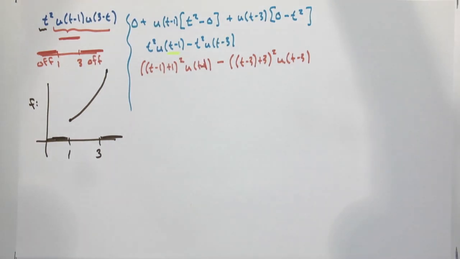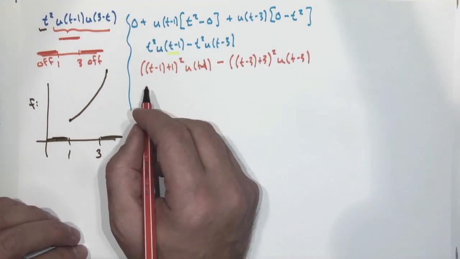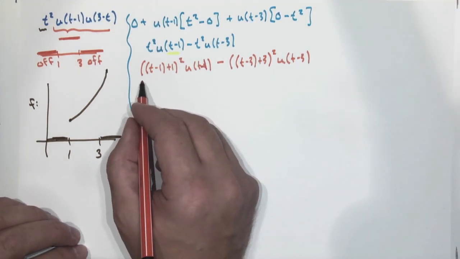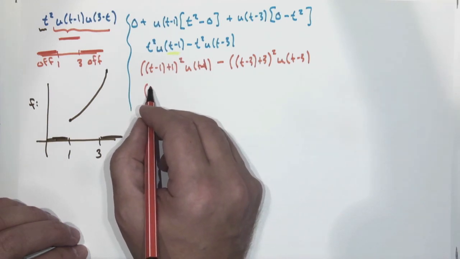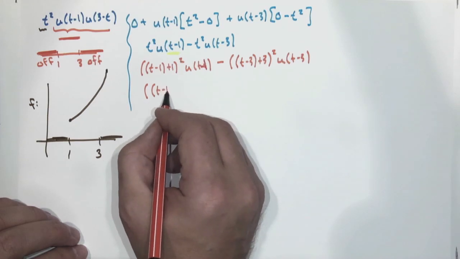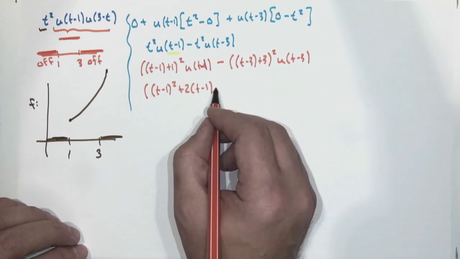Okay, so t minus 1 plus 1 quantity squared. What's another way to write that? t minus 1 squared plus 2 times t minus 1 plus 1.